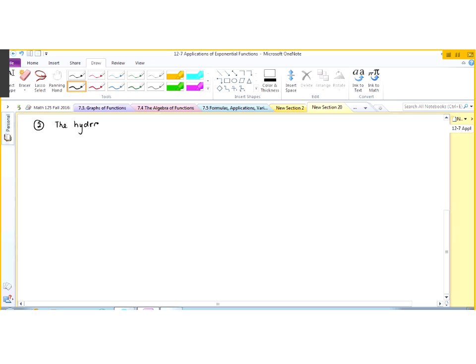The hydrogen ion concentration of milk is 1.6 times 10 to the negative 7 moles per liter. All right, find the pH.